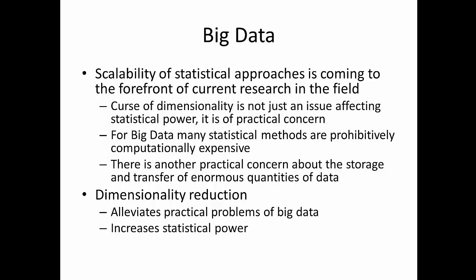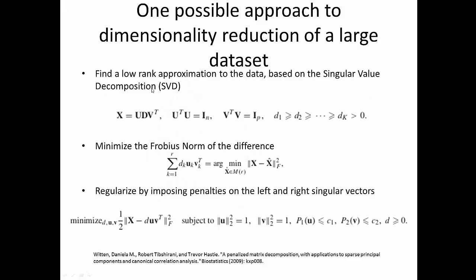So there are many ways to approach dimensionality reduction, but for concreteness, I'm going to describe one, and I'm going to show you examples of this in my talk. And here we're coming back to the singular value decomposition.